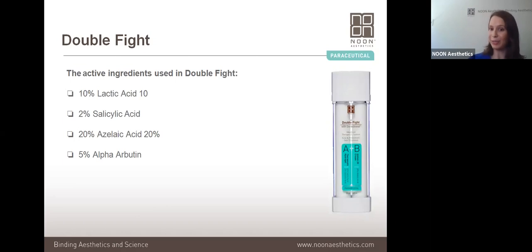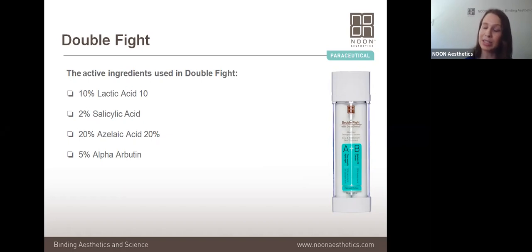The cousin, if we can call it like this, of the double white is the double fight. So the B pump is the same one, the azelaic 20% plus 5% of alpha-arbutin, and the A pump will be our hydrogel, which is 10% lactic acid plus 2% of salicylic acid. The double fight is actually for treating acne.